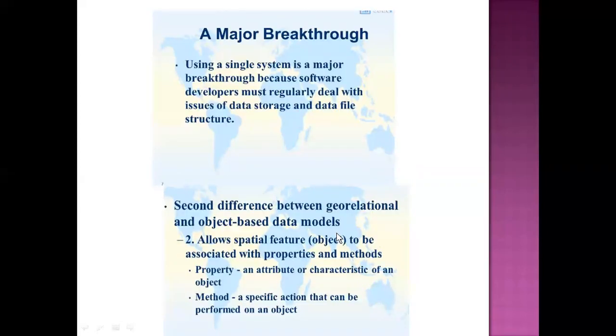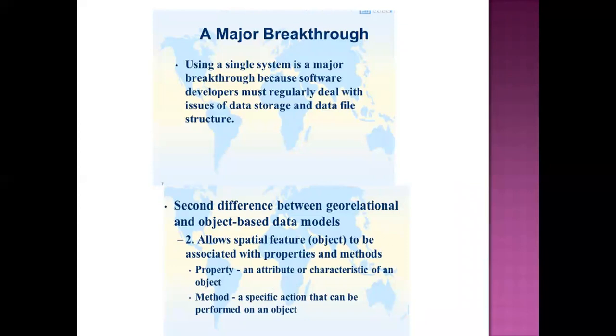Using a single system is a major breakthrough because software developers must regularly deal with issues of data storage and data structure. The second difference between the georelational and object-based data models is that it allows spatial features to be associated with properties and methods. A property is an attribute or characteristic of an object.